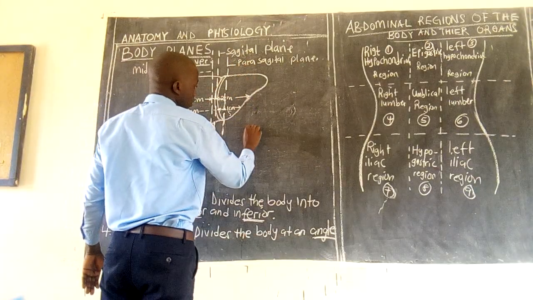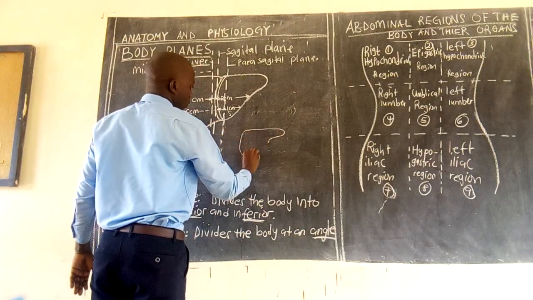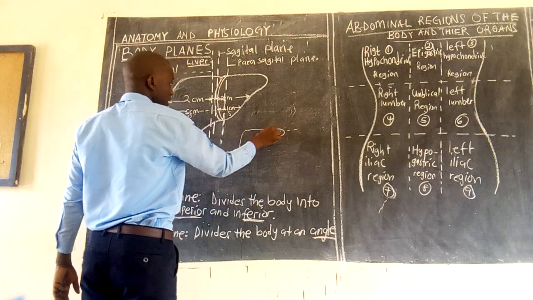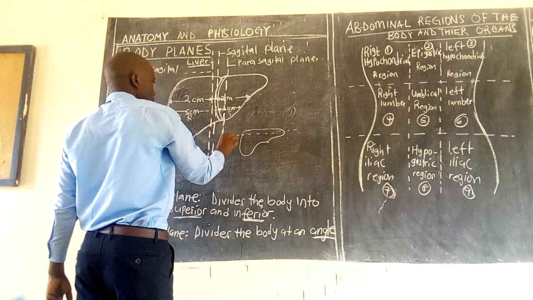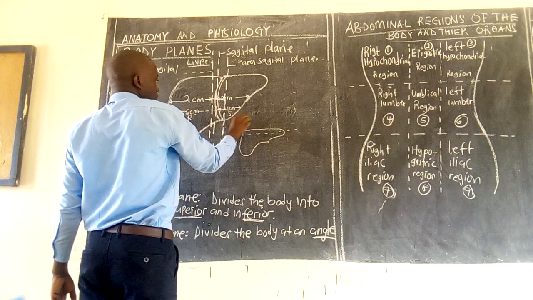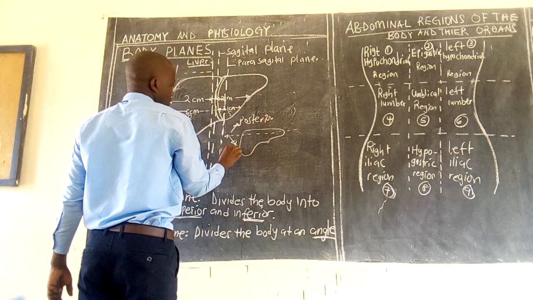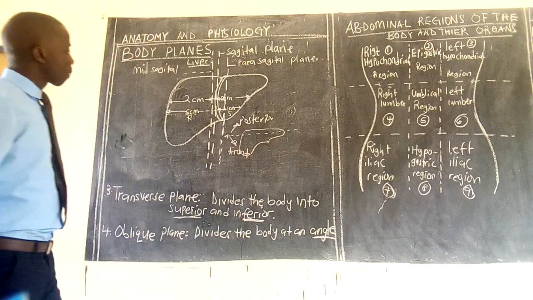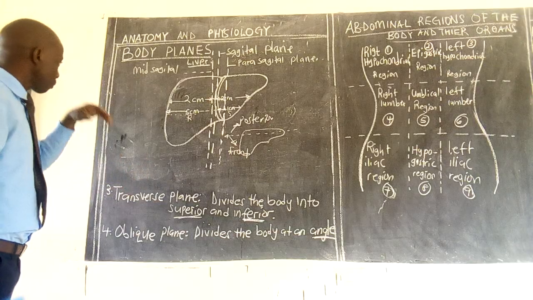So this is my liver structure. If I make a line of dissection between the front and the posterior, that is what we call the coronal plane.